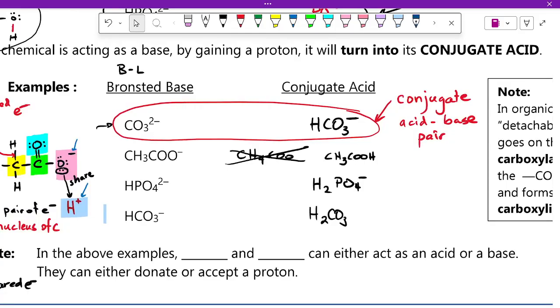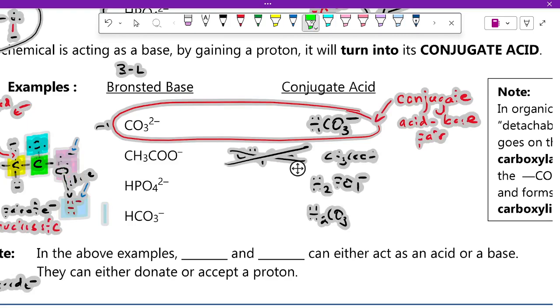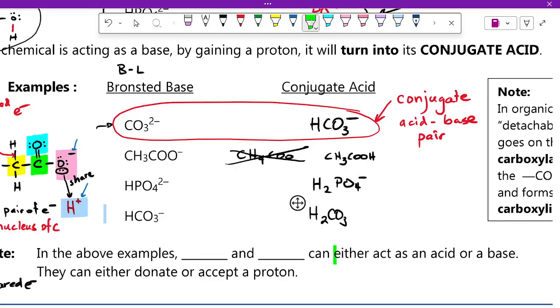Now, in all of those examples, there are two substances that can act either as an acid or a base. Go find those two substances that are acting as both an acid and a base.